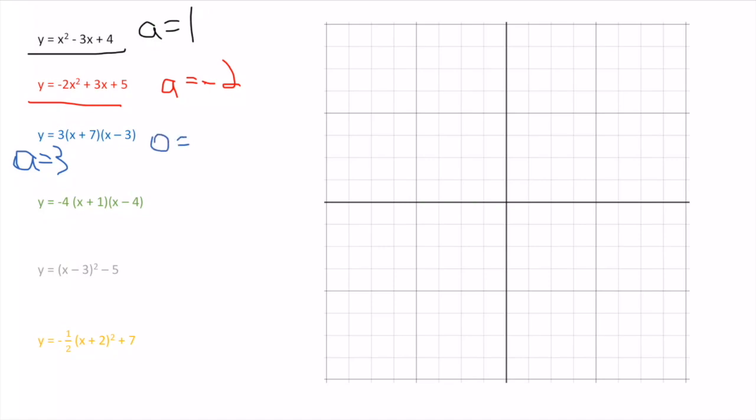So if 0 equaled 3 times x plus 7, x minus 3, the only way for this right side to equal 0 is if one of these is equal to 0.